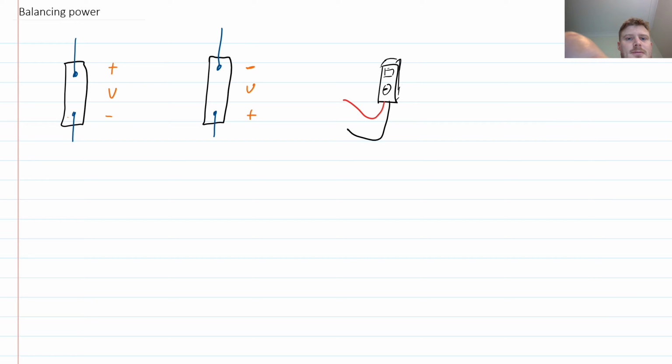The red lead is for the positive end and the black lead for the negative end. So which way around I connect these leads is going to indicate which of these two sign conventions I have for this particular circuit element.